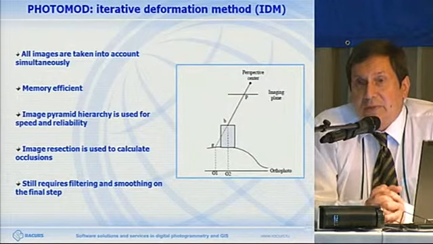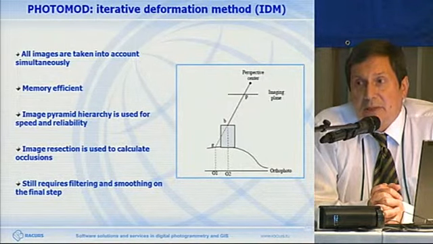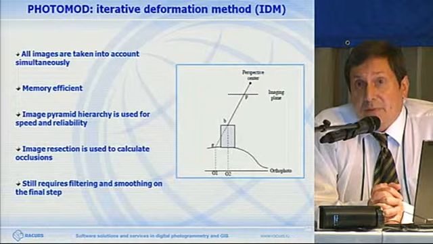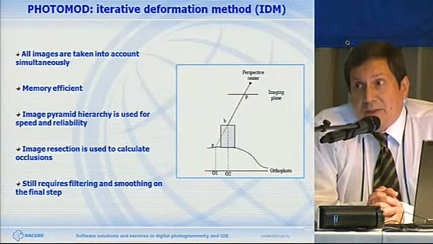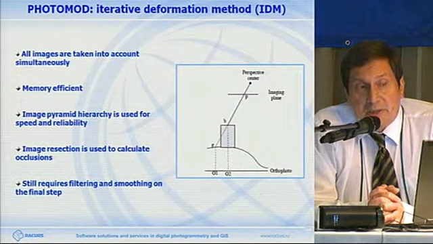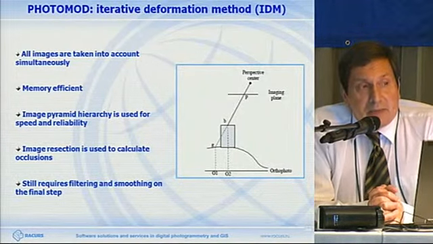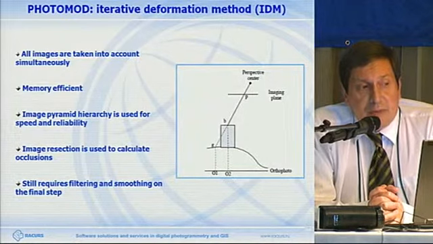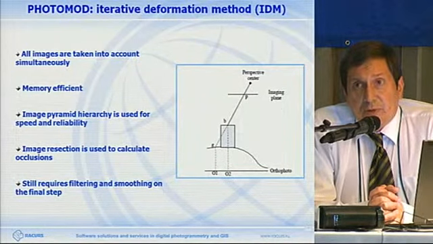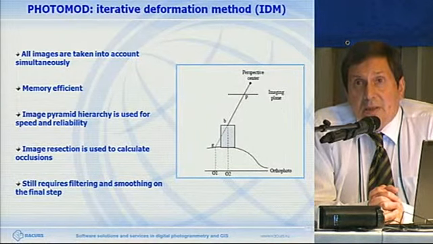Of course, there may be different brightness or other properties. So I will generate surfaces based on the fact that orthophotos from different images will match. So this is the essence of the iterative deformation method.